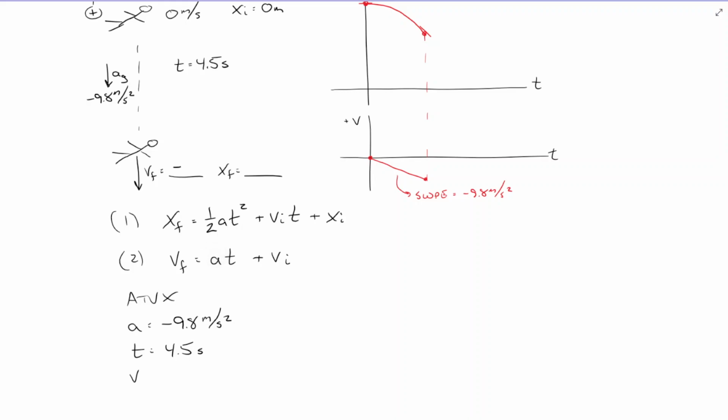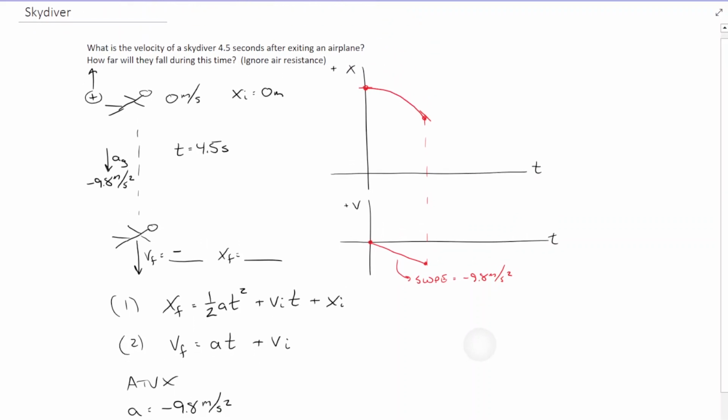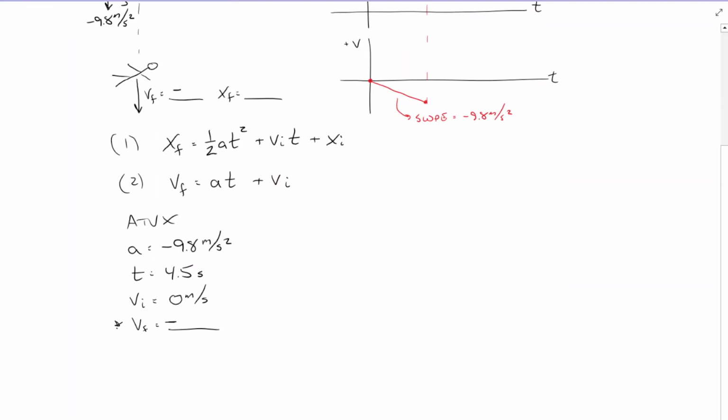You have an initial velocity of 0 meters per second. You have a final velocity that all we know about it right now is it's going to be negative. So I'm going to put a negative there. We have an arrow downward. It should be a downward answer, but I'm trying to find that speed. They ask for the velocity of the diver after they exit the plane.